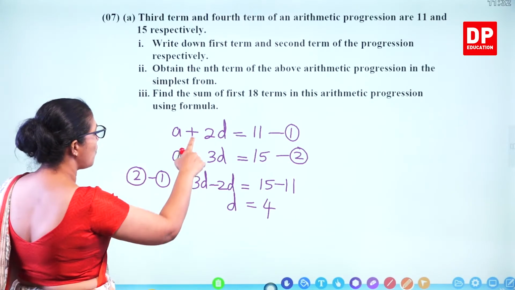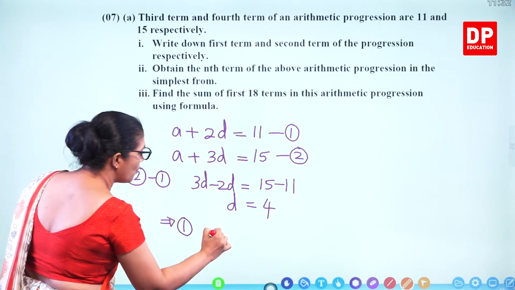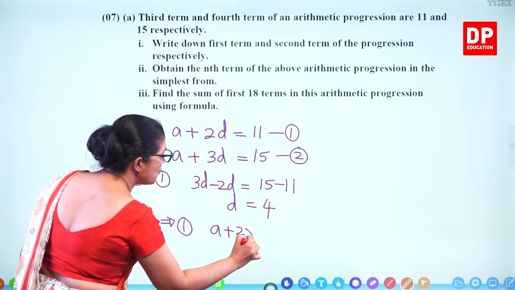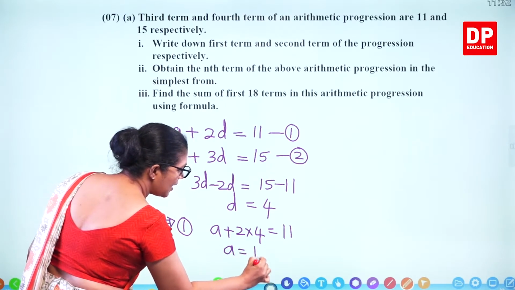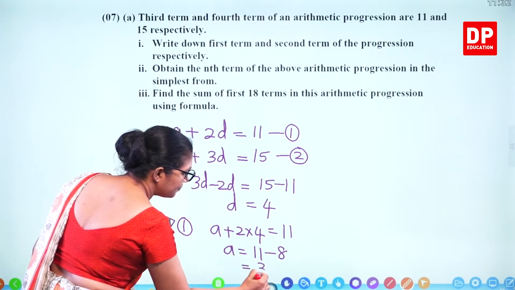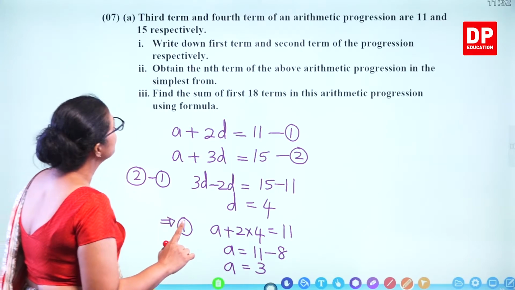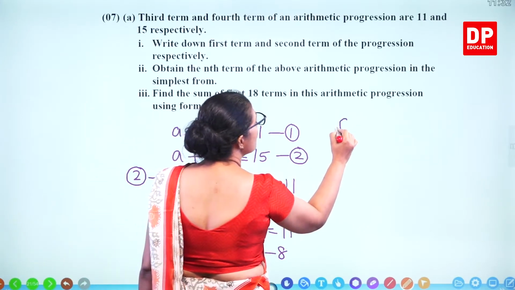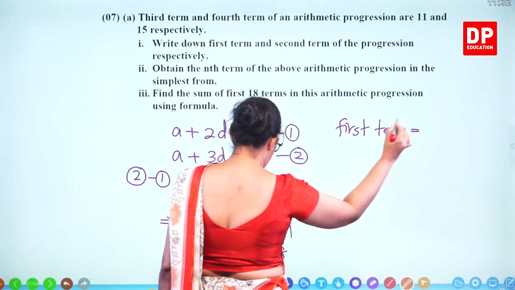Now you can take one of the equations and find A. Substitute d equals 4. A plus 2 times 4 is equal to 11. So what's A? 11 minus 8, 3. So first term is 3.